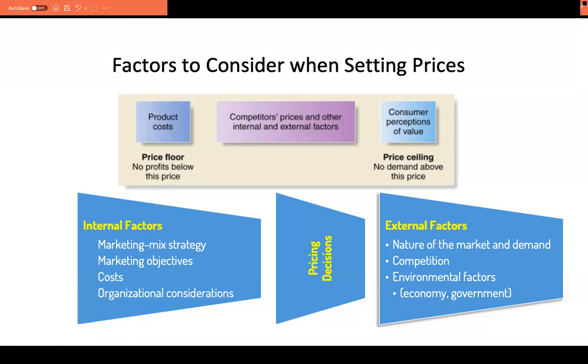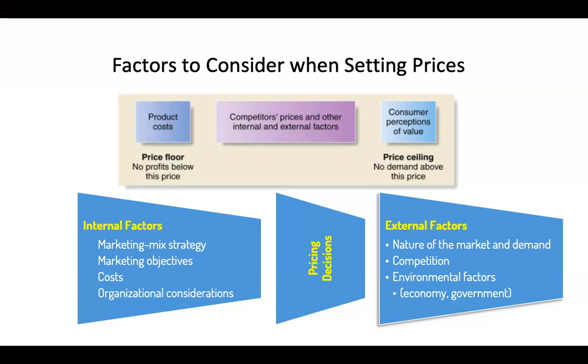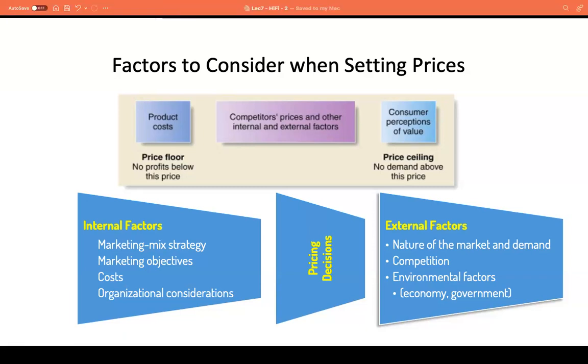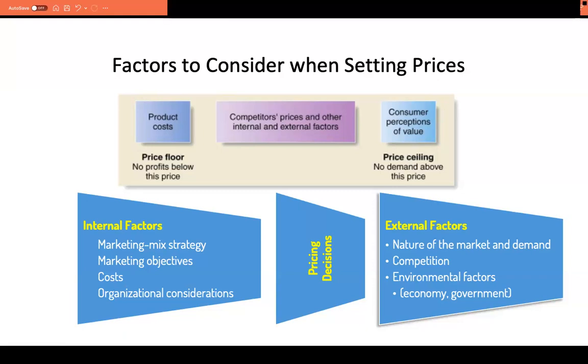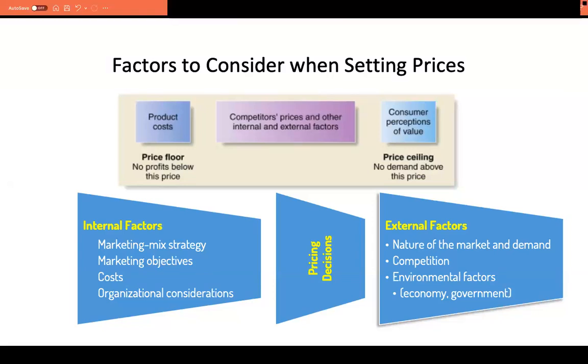So also for the cost, you must consider the cost of production, like the raw materials that you use, or maybe since you are using software, are you going to outsource your product? Who is going to develop your software?